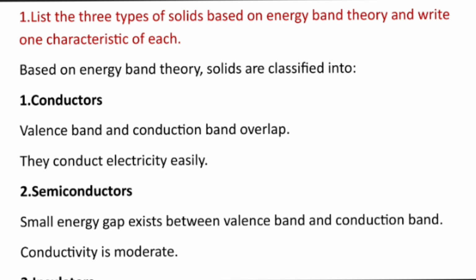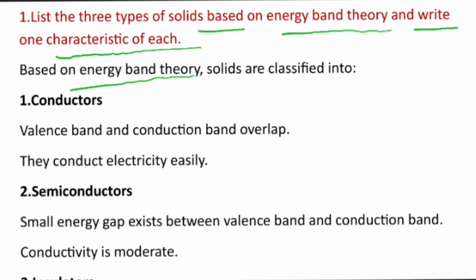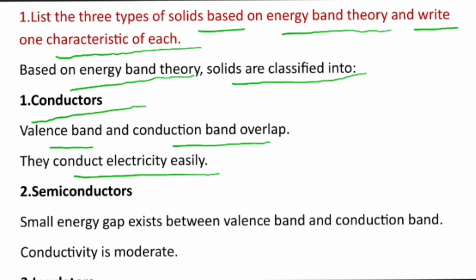List the 3 types of solids based on energy band theory. Write one characteristic of each. In band energy theory, solids are classified into three. One is conductors. Conductors have the valence band and conduction band overlapping, and they conduct electricity easily.